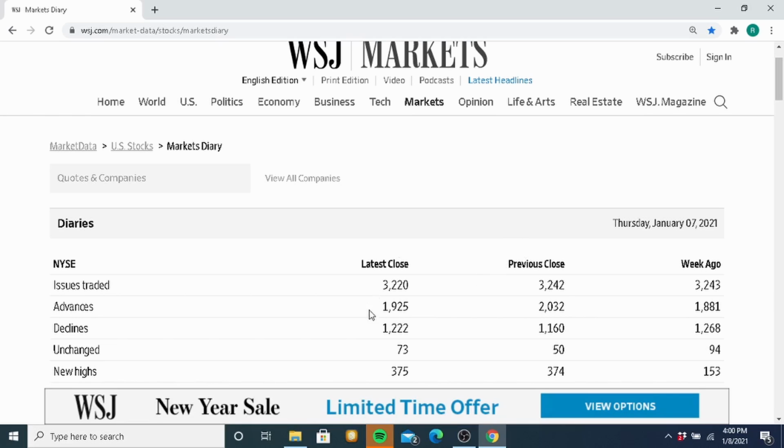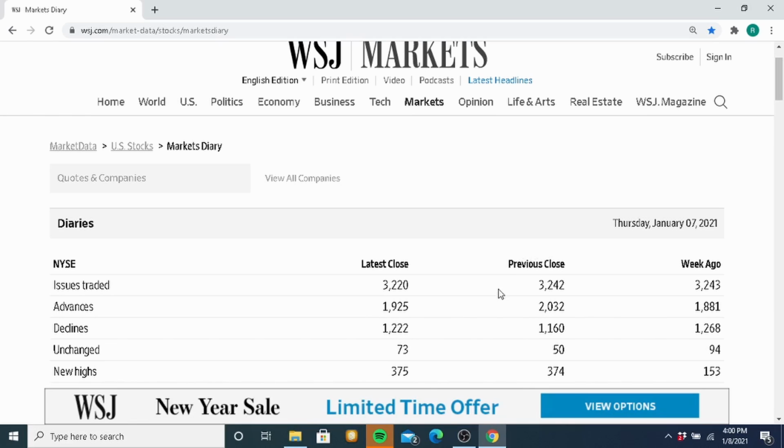Right here, we see the number of advancing stocks for January the 7th, 2021, and these are the number of stocks at a higher closing price than they did on the previous day, January the 6th. They will also list the declining stocks. These are the number of stocks that had a lower closing price on January 7th than January the 6th.